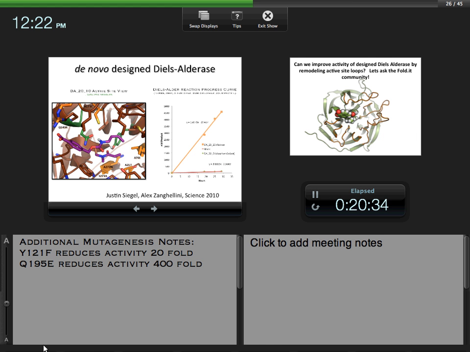Several years ago, we designed an enzyme which catalyzes the reaction between these two Diels-Alder substrates, the Diels-Alder reaction. And I should say Don Hilbert has recently solved the structure of this enzyme bound to transition state analog, or the product actually, and it looks very, very close to this, which we were gratified to see.